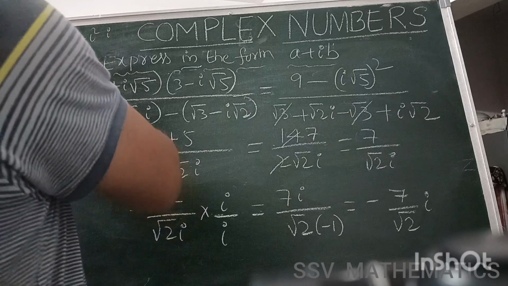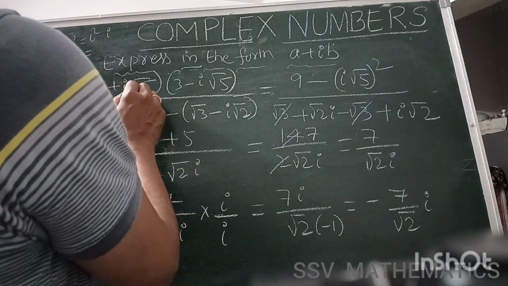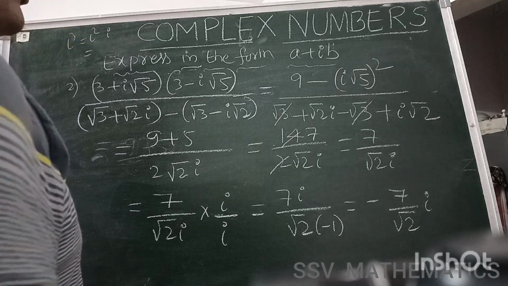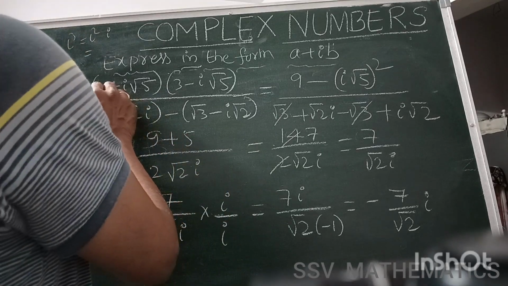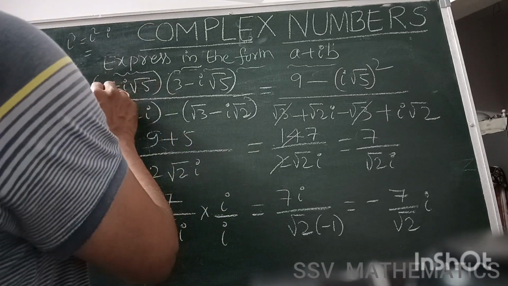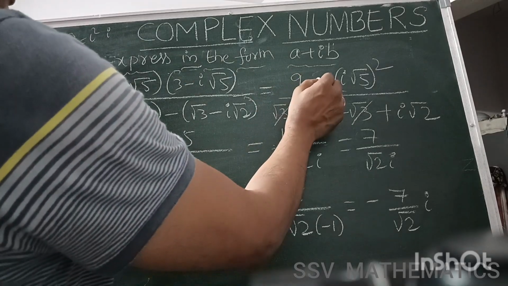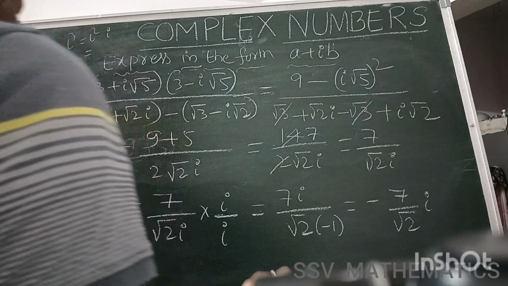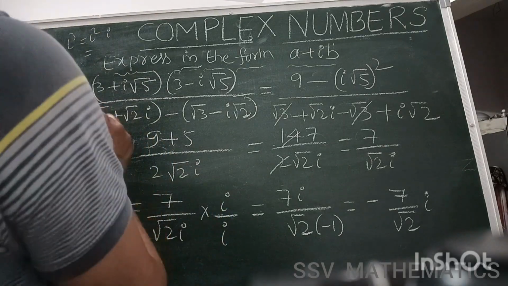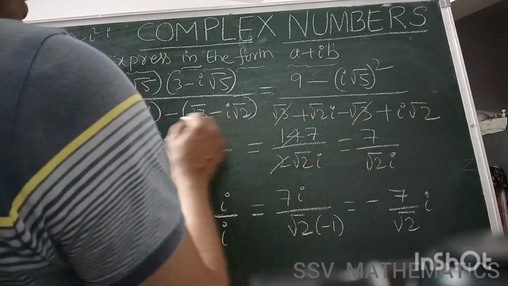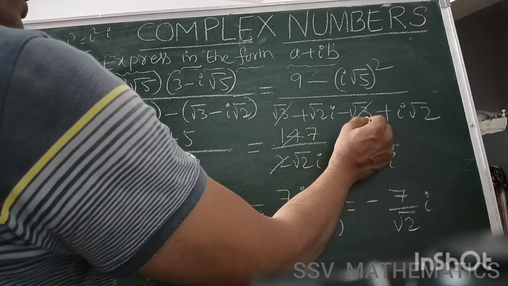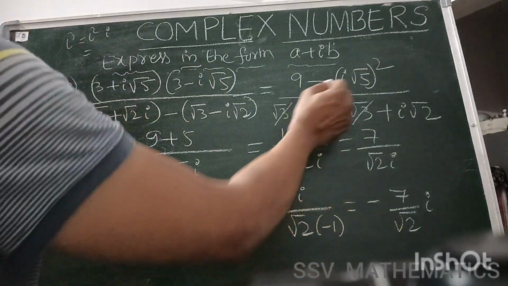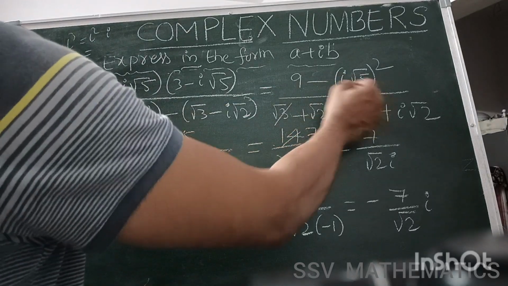In the numerator, it is of the form a plus b into a minus b, which is a square minus b square. a is 3, b is i root 5. a square, 3 square, is 9, minus b square, i root 5 whole square. Simplify the denominator: root 3 plus root 2i, multiplied by minus, root 3 minus into minus plus i root 2.